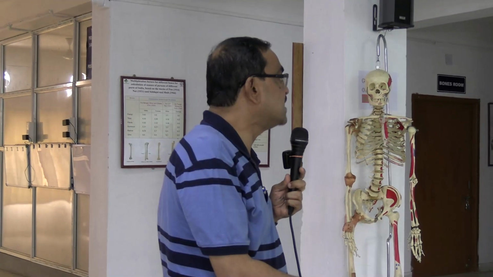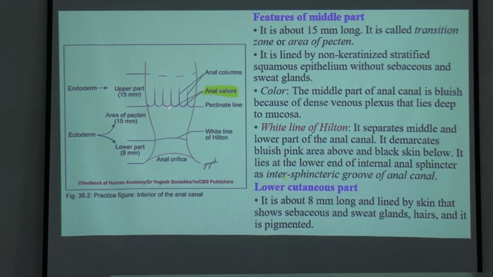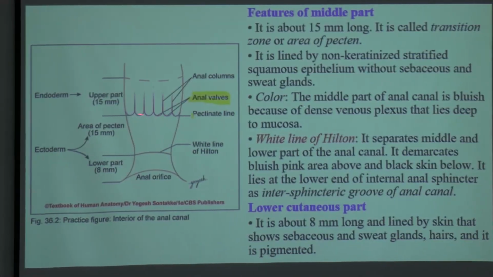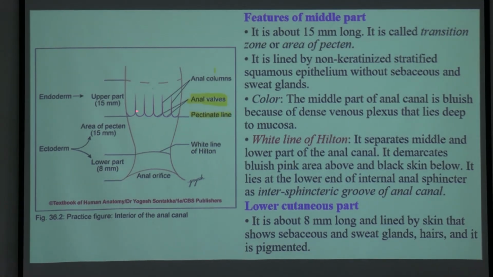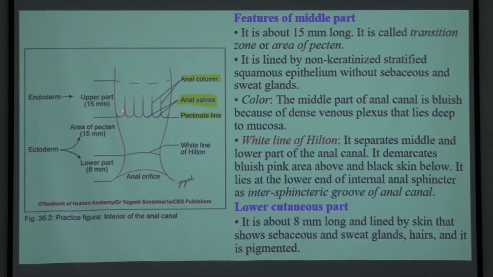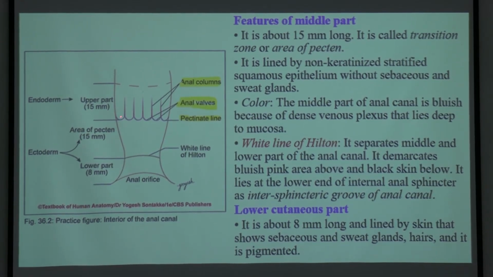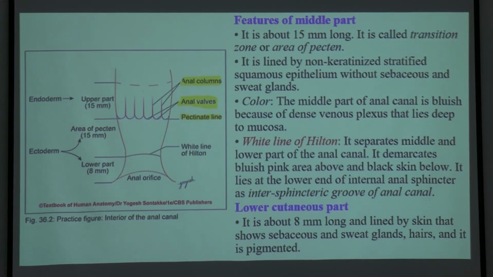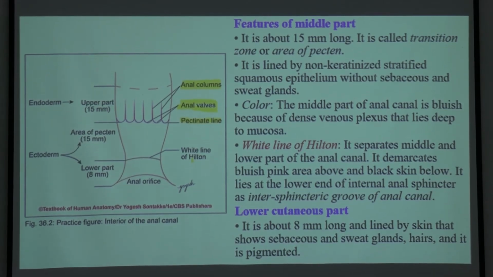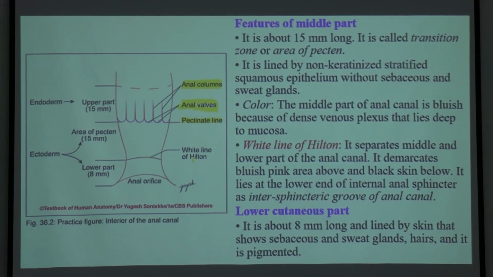Then they end in a valve. These anal columns end in valves, which are called anal valves. And in between the anal column and the valve, we get some pockets which are called anal sinuses.